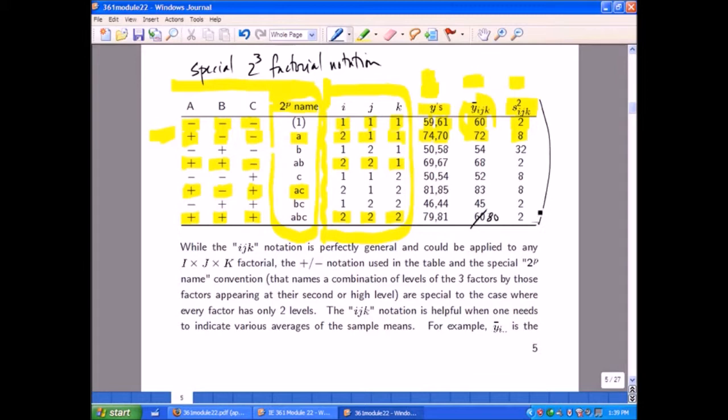And what I'm going to do is basically average those sample variances. I will take sample sizes minus 1 times those things. All the sample sizes are 2. So I'll take 2 minus 1, or 1 times 2, 2 minus 1, or 1 times 8, 2 minus 1, or 1 times 32, so on. Add those up and divide by 2 minus 1 plus 2 minus 1 plus 2 minus 1, that is, I'll divide by 8.